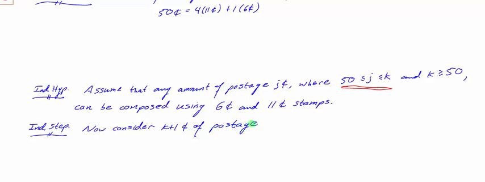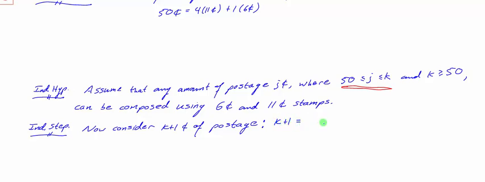And so we want to show how we can use our induction hypothesis to compose this using 6-cent and 11-cent stamps. Well, my induction hypothesis applies to any amount of postage up to, and how we've stated it so far, up to k cents, from 50 cents up to k cents. And so we need to somehow write k plus 1 in terms of a lesser amount of postage. So we can take our k plus 1 cents and write it in the following way.